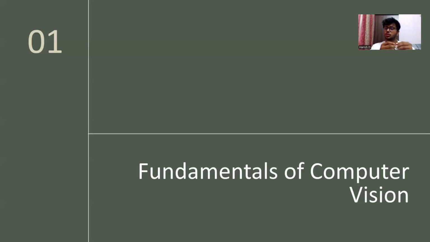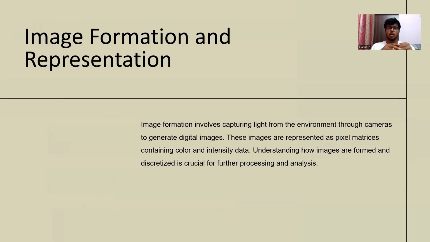So let's talk about the fundamentals of computer vision. Image formation and representation. Image formation involves capturing light from the environment through cameras to generate digital images. Let's say a camera is capturing the environment with the help of light. The object reflects light towards the camera, and the camera captures that as an image, which is called a digital image.